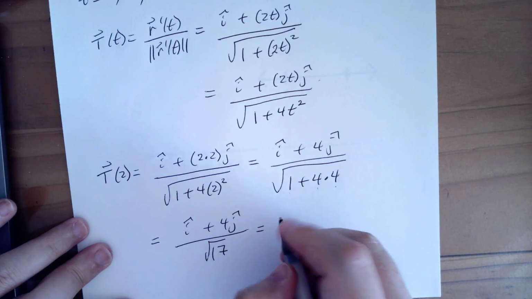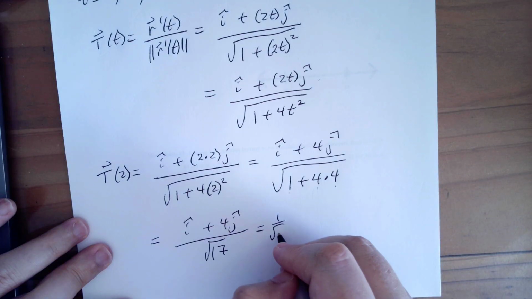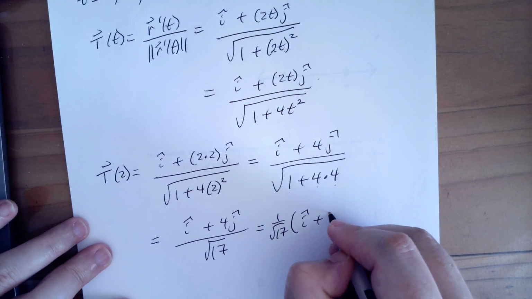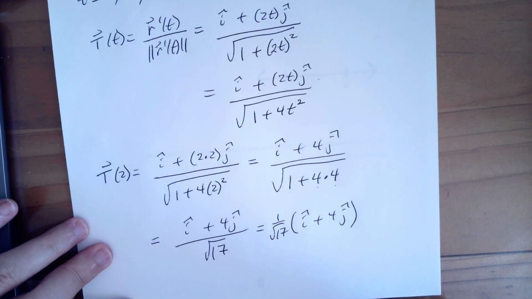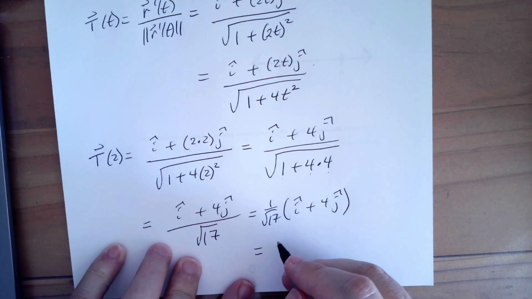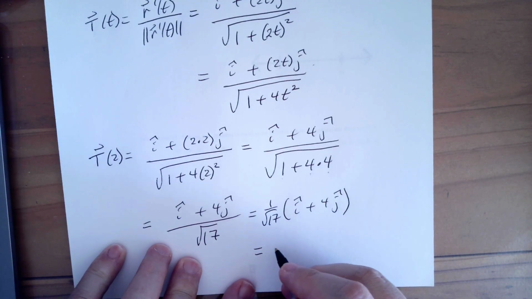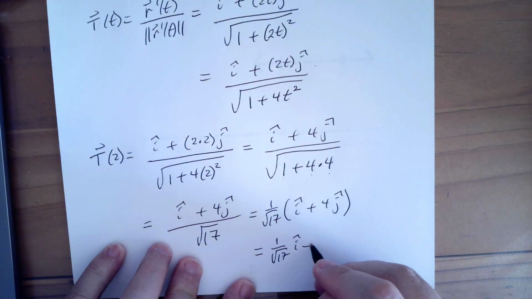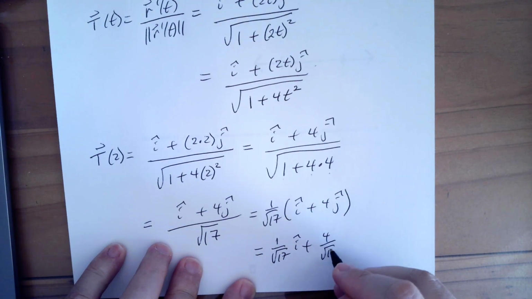Notice we can write this as a scalar multiple, 1 over square root of 17 times i hat plus 4 j hat. If you distribute out the scalar, this would be 1 over square root of 17 i hat plus 4 over square root of 17 j hat.